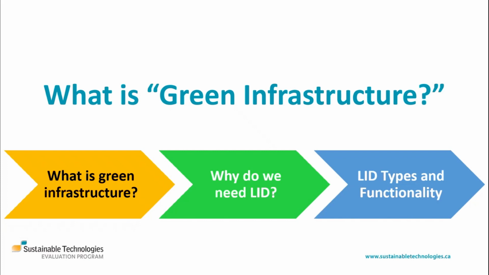These are the areas where water and land come together. Meadows and agricultural lands, green roofs and green walls or facades in urban areas, and parks, gardens, and open grassed areas. So we'll be focusing on what green infrastructure is, how it associates with low impact development and why we need low impact development. And then we will go through the major low impact development types and their functionality.